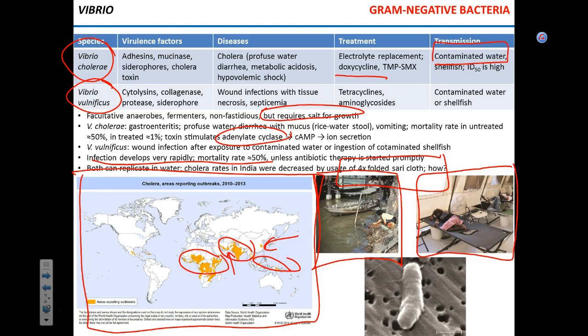Cyclic AMP regulates a bunch of channels, and it closes the channels that are responsible for the transport of potassium. And potassium stays in the digestive tract. Water follows, in this case, potassium by osmosis, and you've got profuse diarrhea. Does that make sense? I think it's extremely elegant.